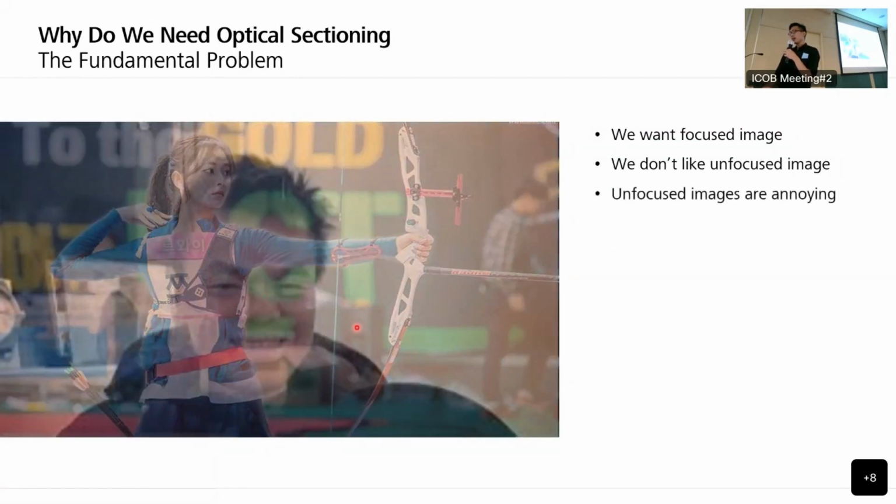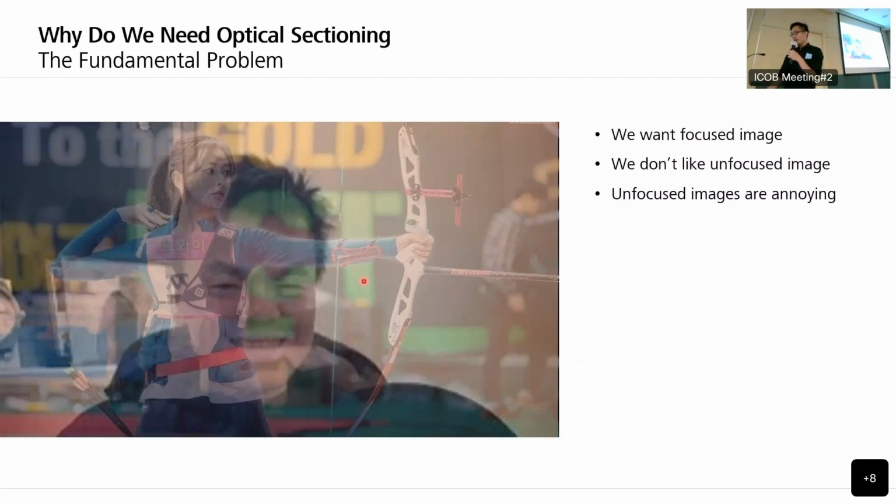Then this is the most common case when you try to do fluorescence images or also bright field. And your sample, the lady, is covered by the signals from the out of focus plane. And maybe you already know this guy, the JYP.